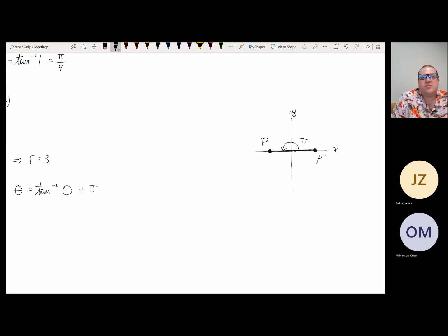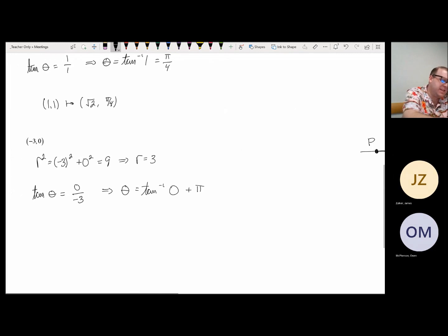Just a straight line. So you add pi. That's why. What is the inverse tangent of 0? I just gave it away. It's 0. So theta's pi. By the way, if you just type into your calculator inverse tangent of 0 over -3, you're going to get 0.